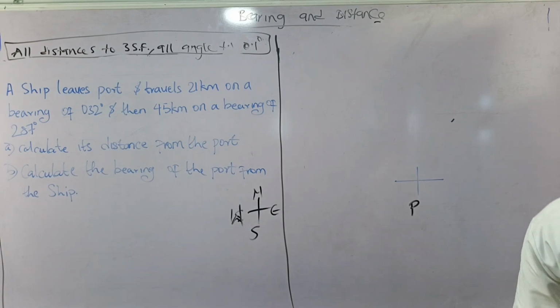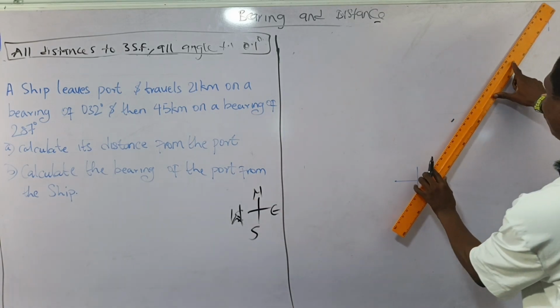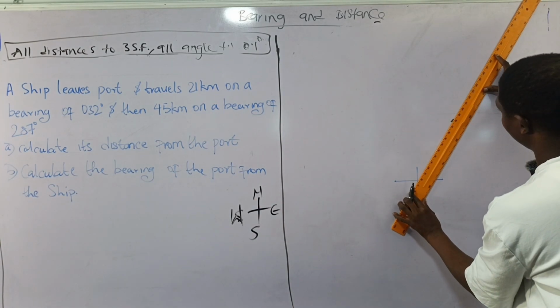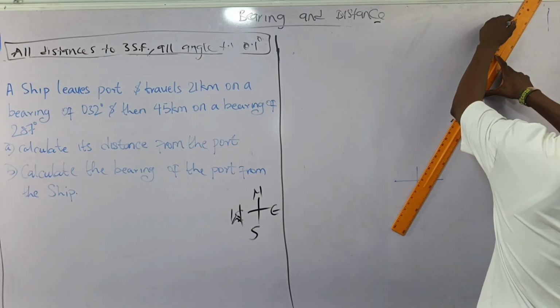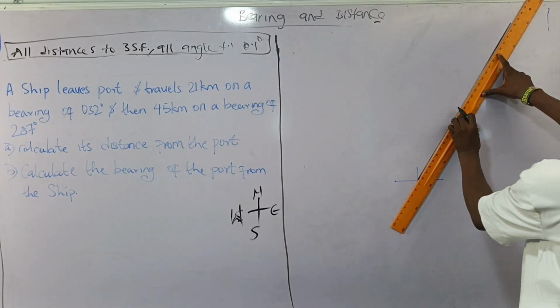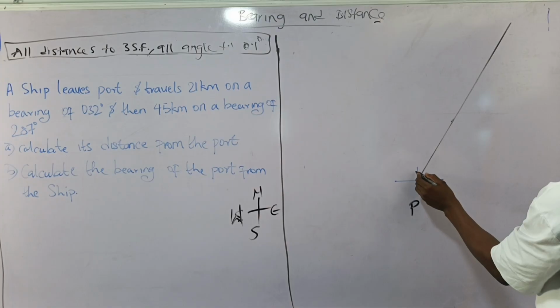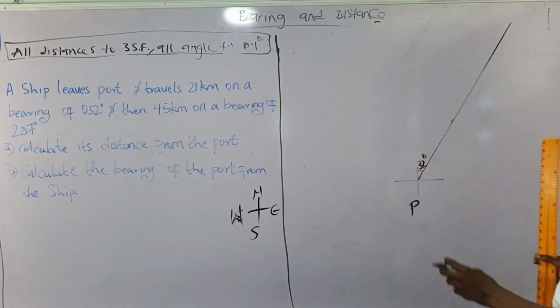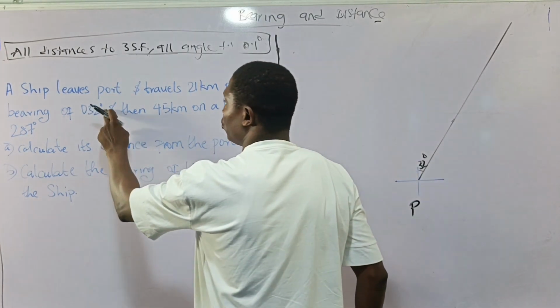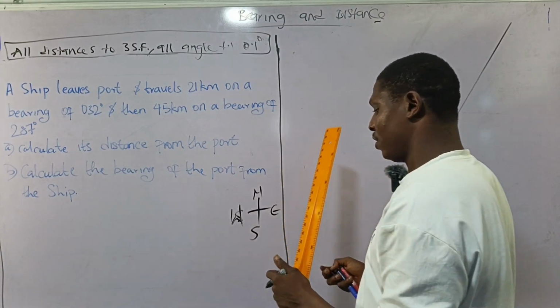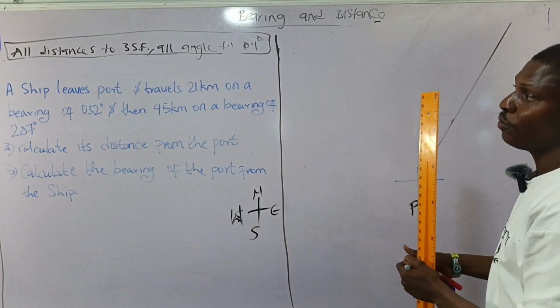And I'll draw it very long before I take out my distance. Remember this is 032 degrees, to make it three figures for a three figure bearing.